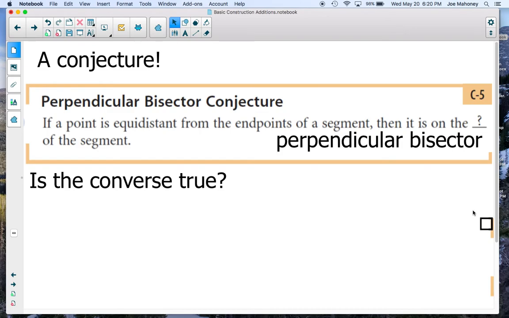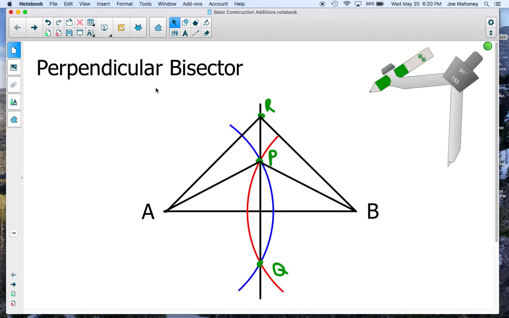Now the next part is the converse true? The converse is when you switch the order around, meaning that if we start with a point on the perpendicular bisector, is it equidistant from the endpoints? And that's where you're talking about with this point R. Point R is on the perpendicular bisector.